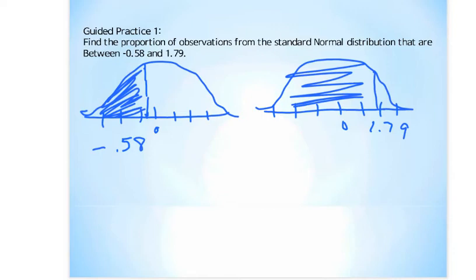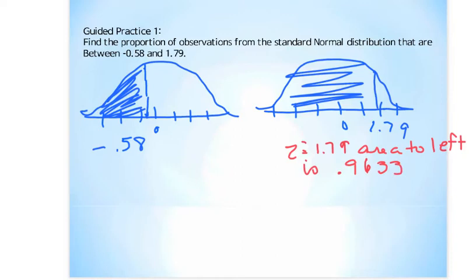If the z is 1.79, then the area to the left is 0.9633. If I have a z-score of negative 0.58, the area to the left is 0.2810.